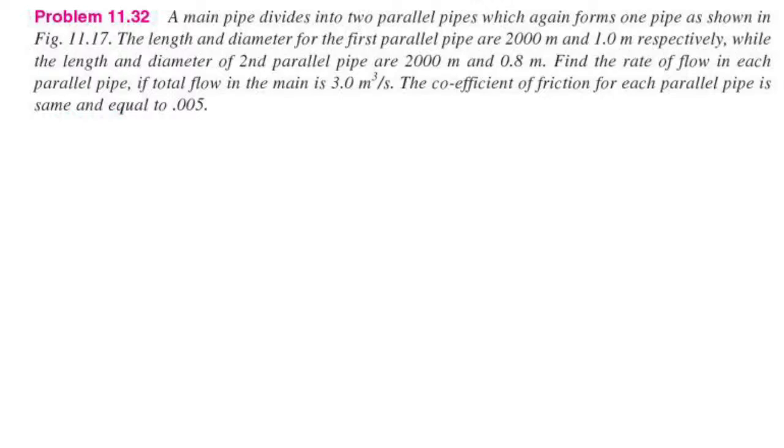A main pipe divides into two parallel pipes. See, the first statement itself says it is divided into two parallel pipes. I hope you all are able to understand this, because I can't find any responses till now.